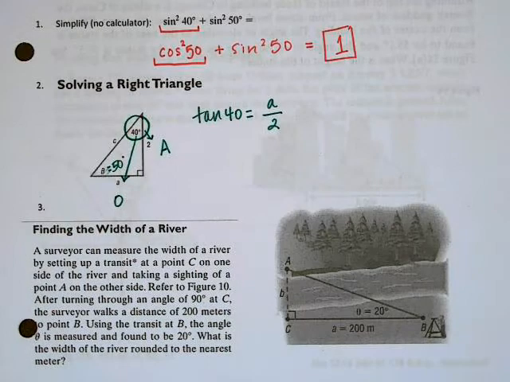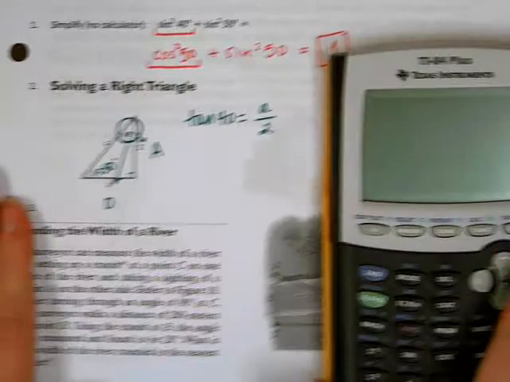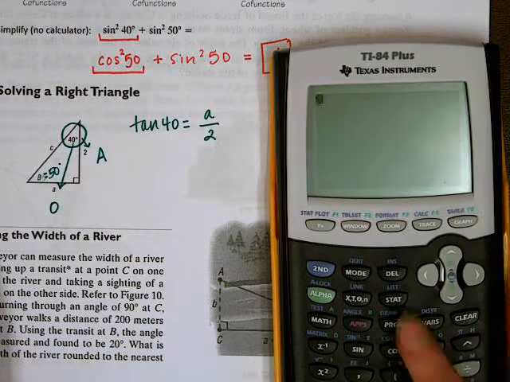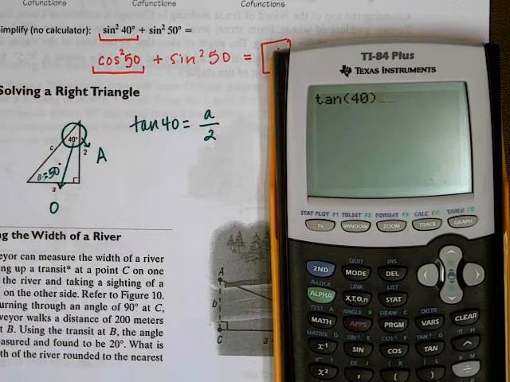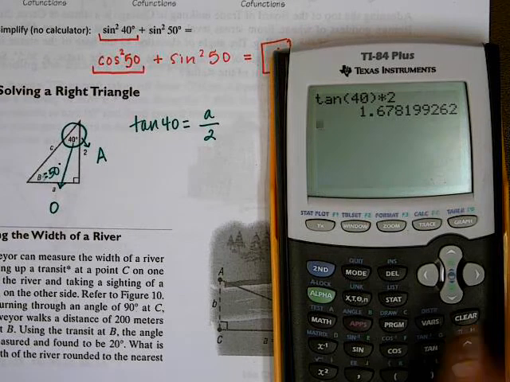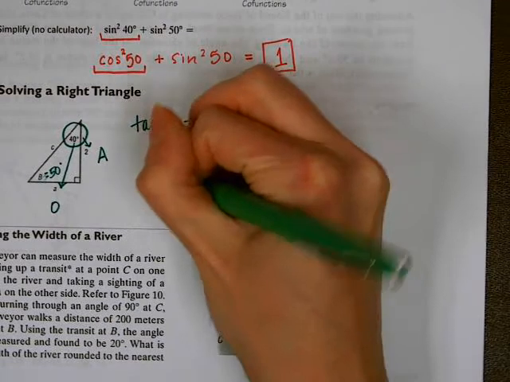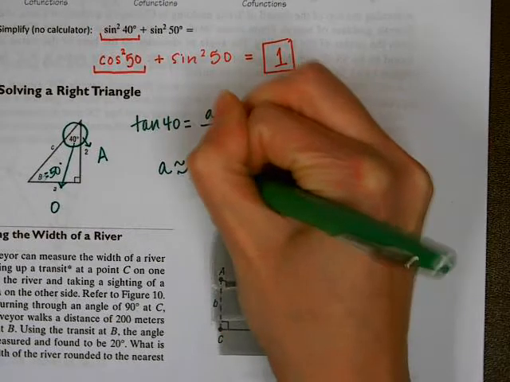So TOA. Then cross multiply. Notice we're in degree mode, so make sure you go to degree. Tan of 40, close it off, times 2. They don't say how to round, so I'll just do 1.68. So side A is about 1.68.